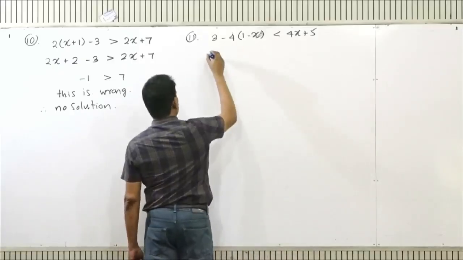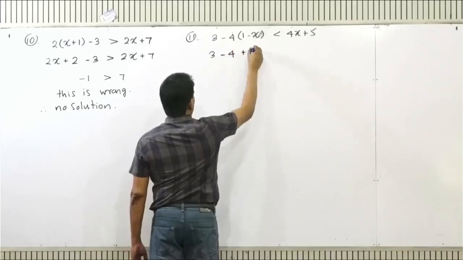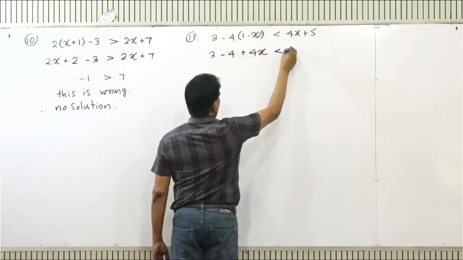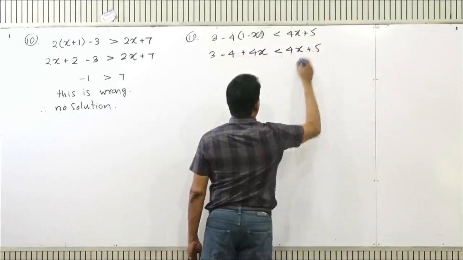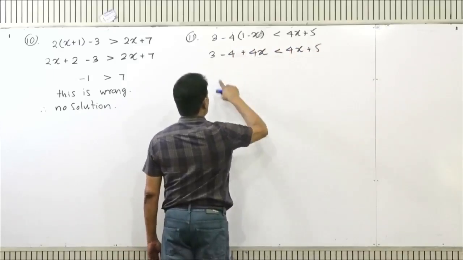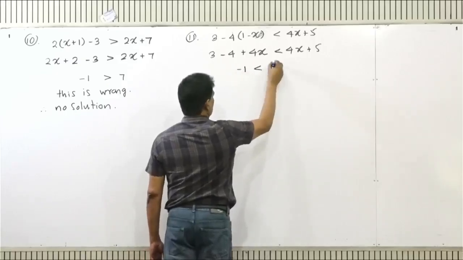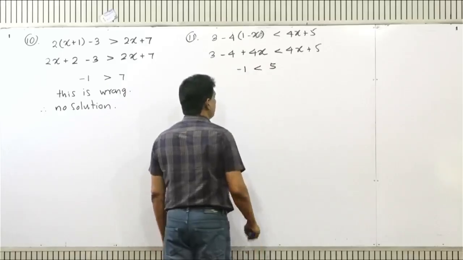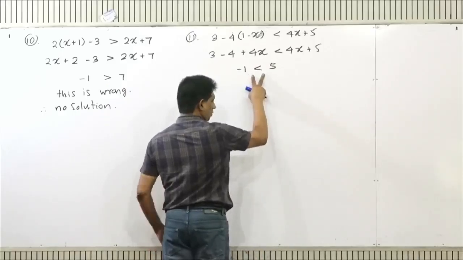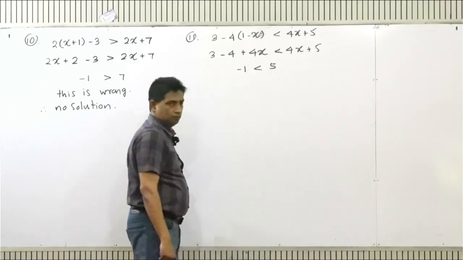Then in this case, we first have to remove this bracket, then 3 minus 4 positive 4x. Then this side positive 4x, this side positive 4x. Then here 3 minus 4 means minus 1, here 5. In this case, we have got minus 1 is less than 5.